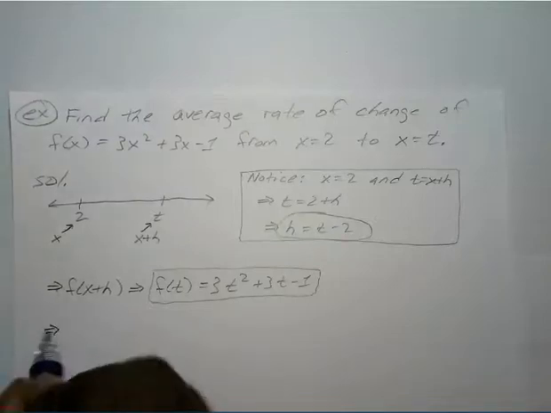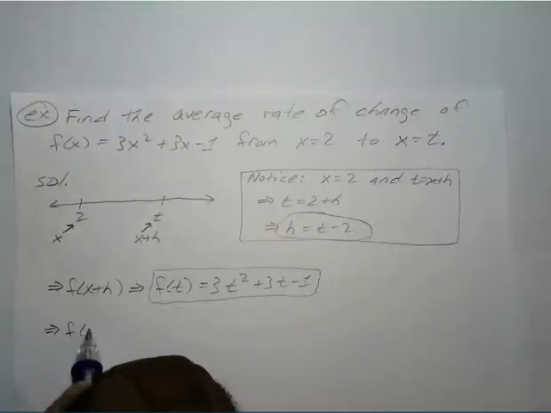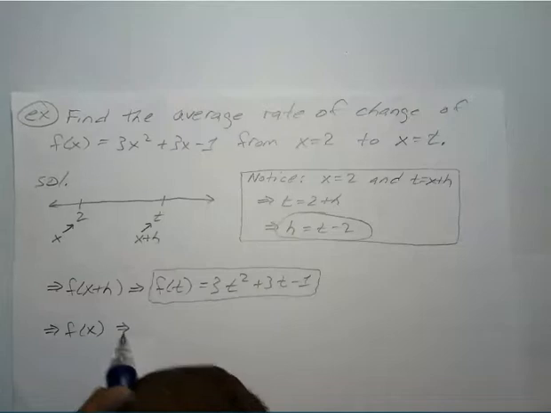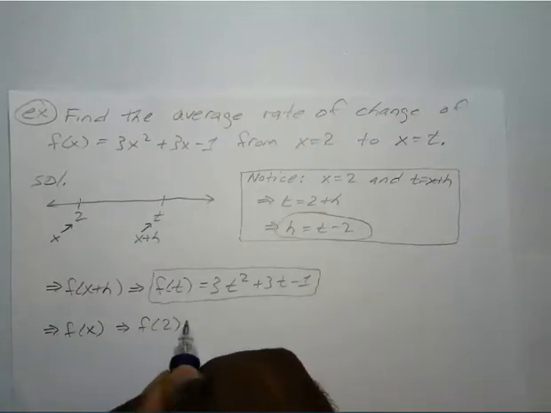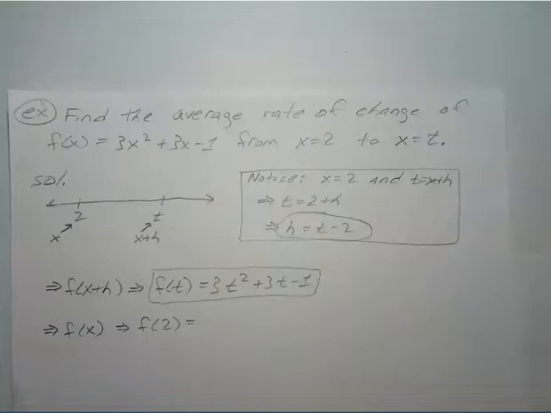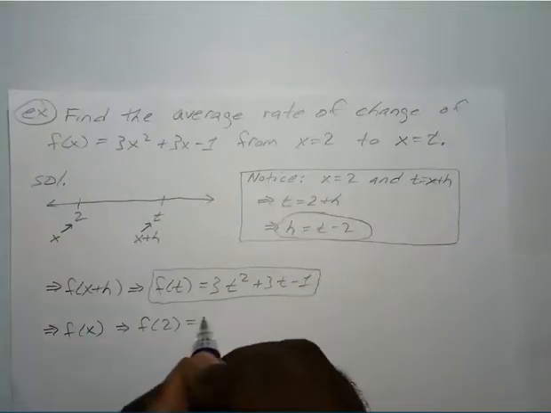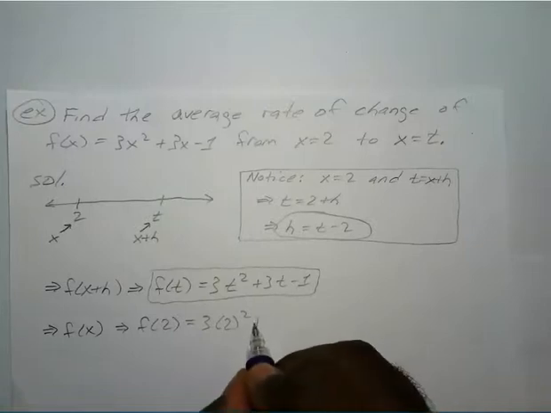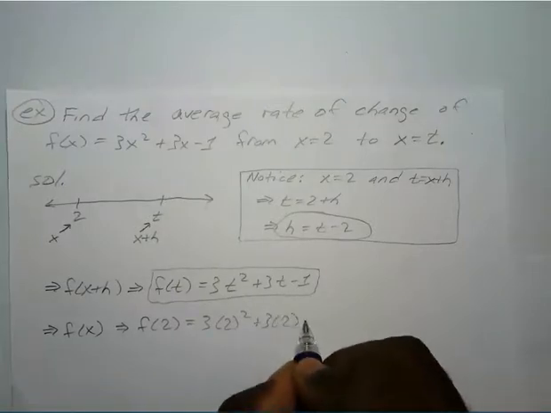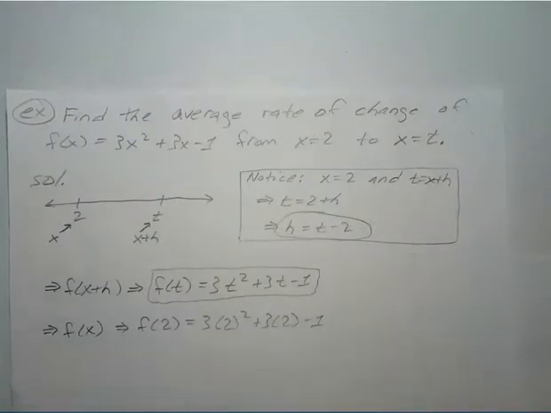Now we find our f of x. Our x is equal to 2, so that's just our f of 2. So that's 3 times 2 squared plus 3 times 2 minus 1.